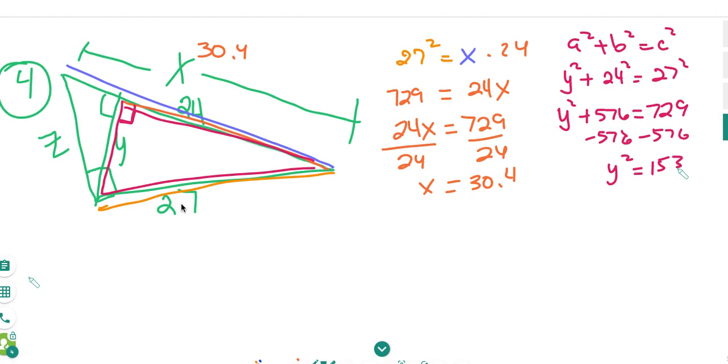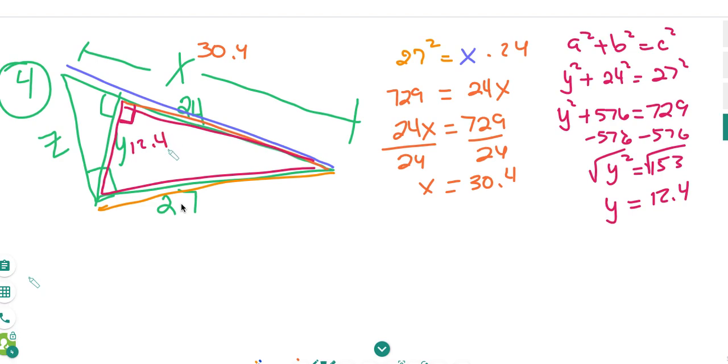Okay, so I am going to go ahead and square root and square root. And in this case, because it's a measurement, I'm going to go ahead and do y is equal to, and I'll find the decimal answer for that is going to be 12.4. So now I know the y here is 12.4.